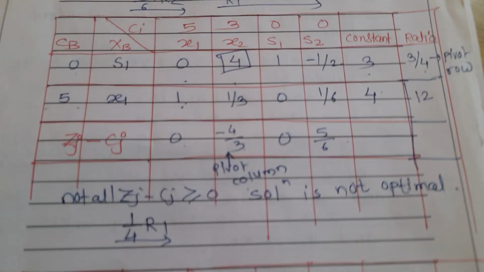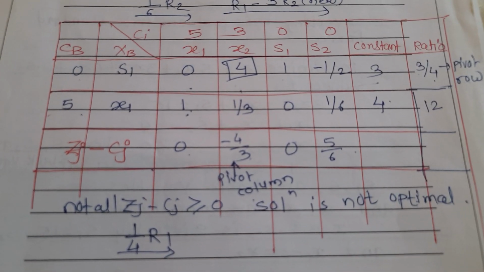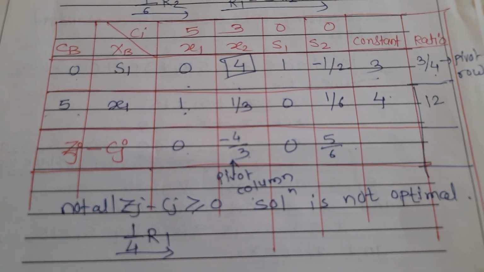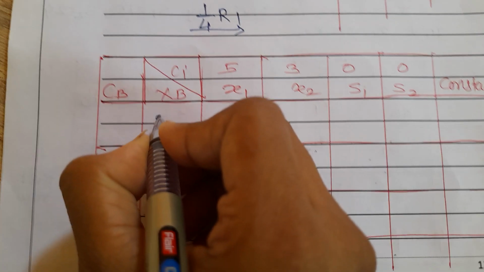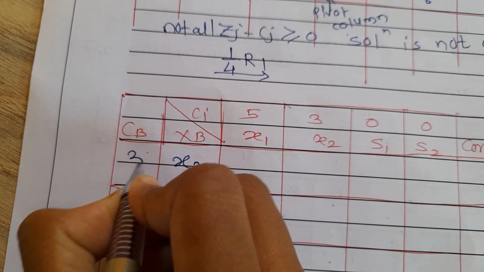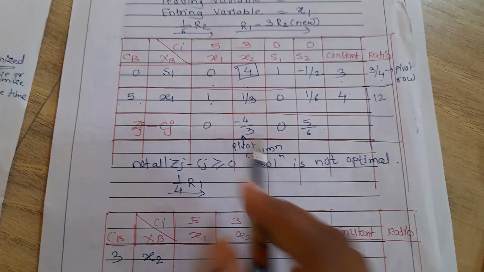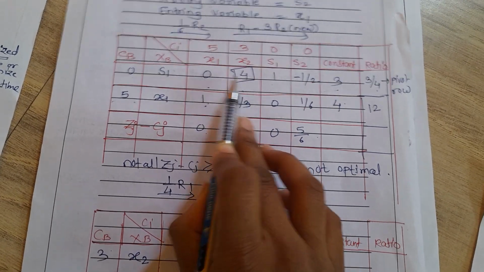First we change this pivot row, S1. The first row is the pivot row. Therefore, S1 is replaced by X2. First we write the changing element, that is x2, whose coefficient is 3 in our objective function. Then we convert the first element of this first row, the pivot element, to 1.